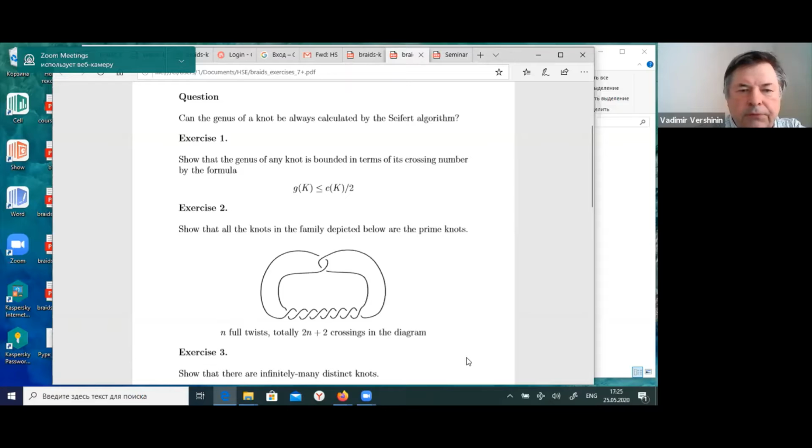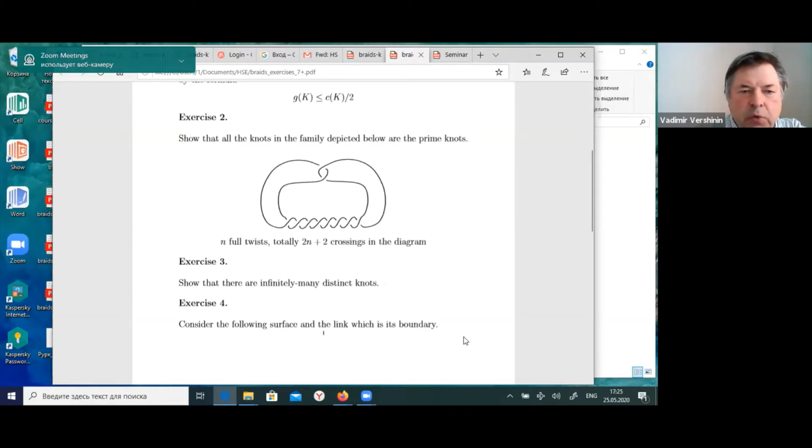Very good. If there are no questions, we pass to exercise 3. Actually, we did this, but I put it again in the context of our additive formula for genus. So we were using, what I forgot, the coloring or something like this.